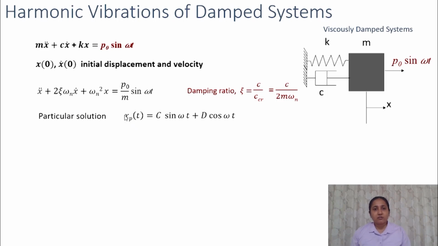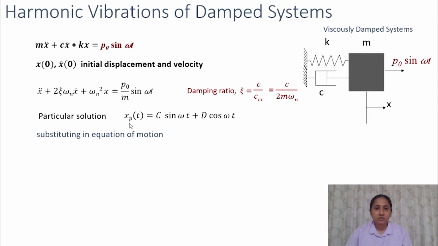For that we will assume that the particular solution is of the form C sin omega t plus D cos omega t. Now we have to find out these constants C and D. For that we have to substitute this equation in the equation of motion and then find these constants.